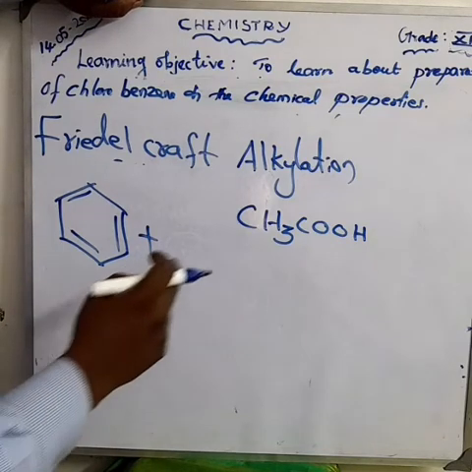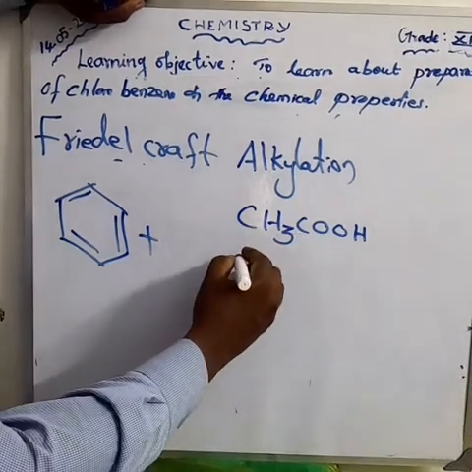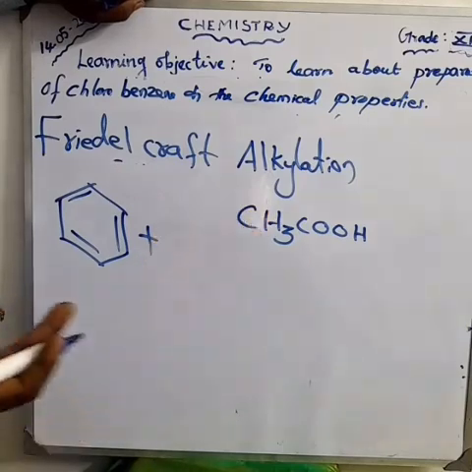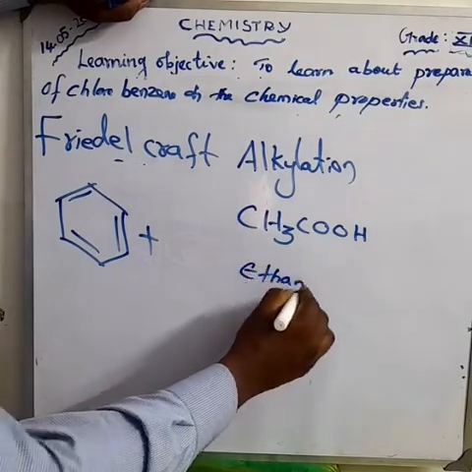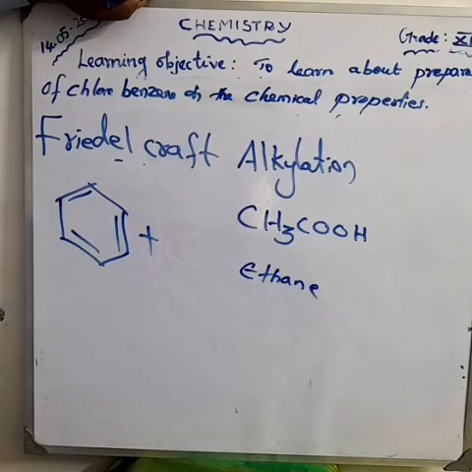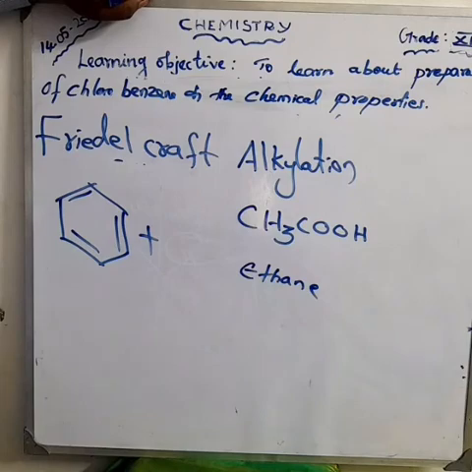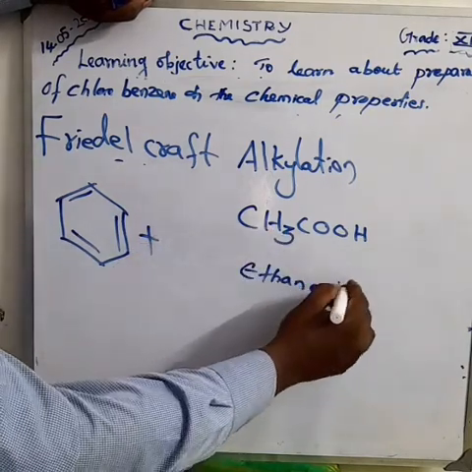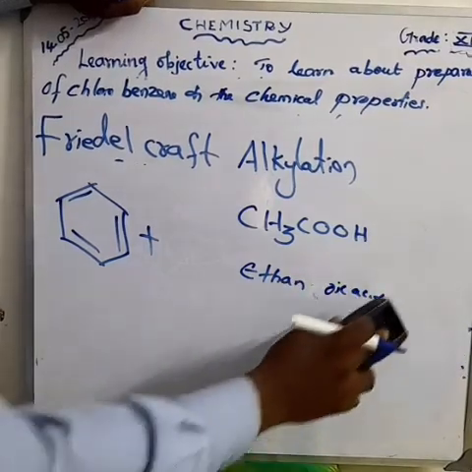Ethanoic acid, because here we have two carbons, so the alkane name is ethane. Here we have an acid group, so we say ethanoic acid. So what's the name of this compound?